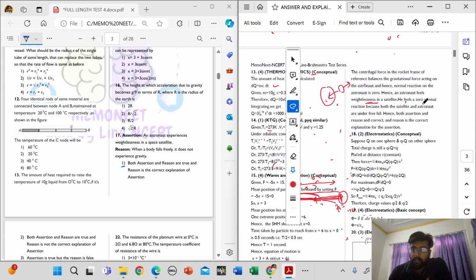Both satellite and astronaut are under the free falling condition. When we feel weight, gravity is pushing downwards, so we experience the force. Here, in the condition of weightlessness, they feel like a free falling body. Both assertion and reason are true.